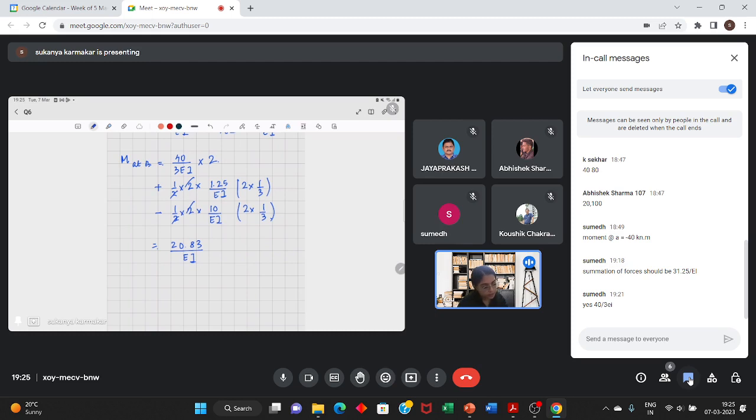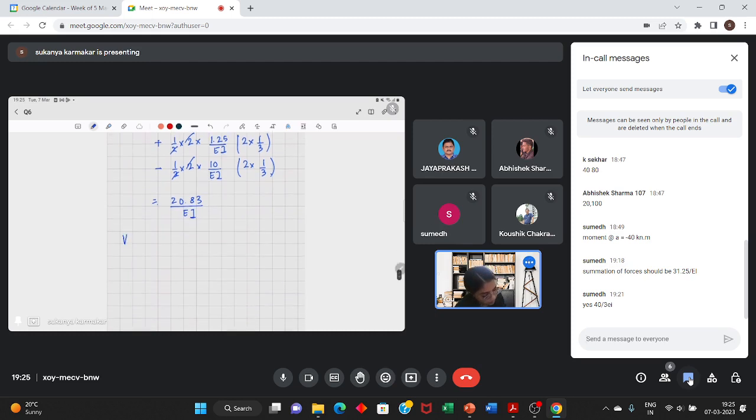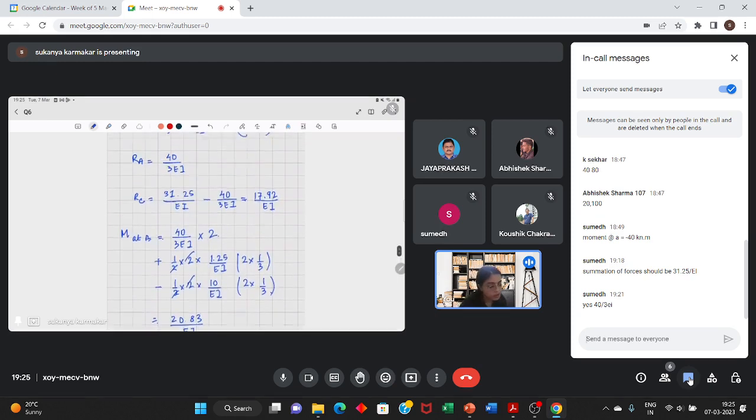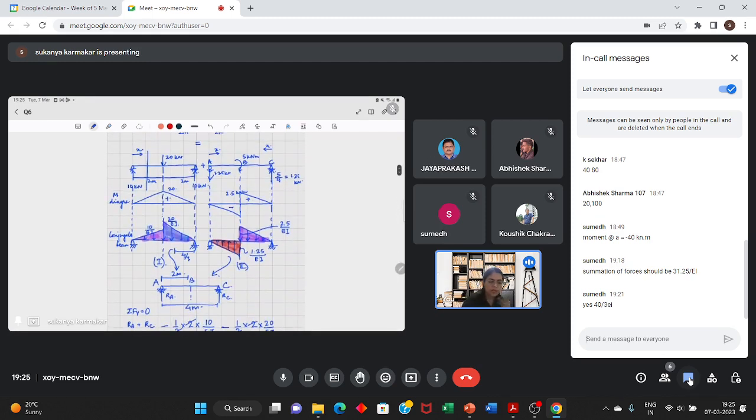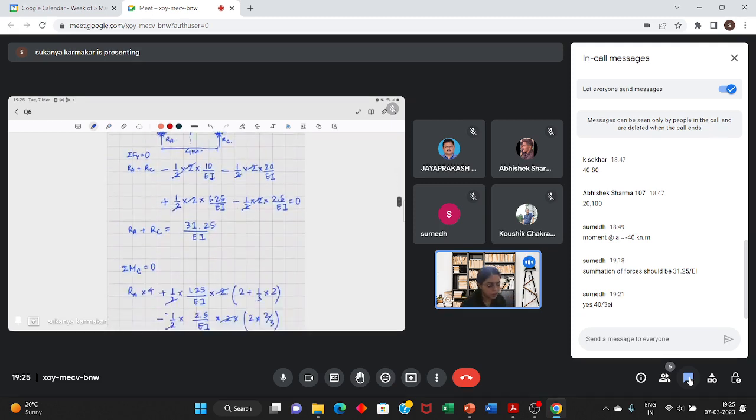Now you will have to calculate V at B. What is the shear at B? For shear at B, simply calculate, triangular loads are there. Simply take the load.